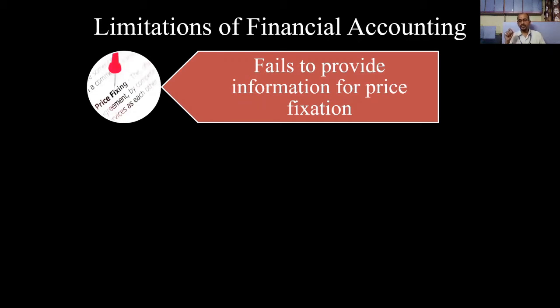Tax is not in our hands; it is decided by the government. Regarding profit, yes, we can fix the profit, but generally it is fixed on cost, say 50% of the cost or 70% of the cost. So ultimately, what is important? Cost. Therefore, financial accounting, as we have seen, deals in aggregates, so it fails to provide information for price fixation.